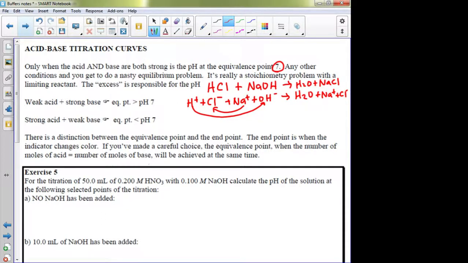Strong, first of all, always wins. In this case, they're both strong, but we also say stronger what? Spectators. Look what happens. What did not change on either side of this equation? The Cl negative and the what? Na positive. So my net ionic equation is what?